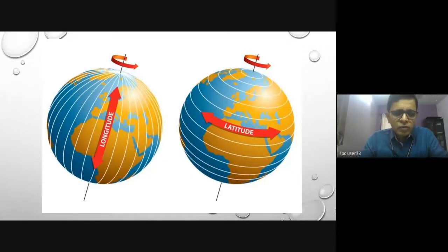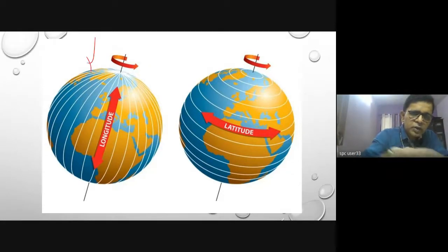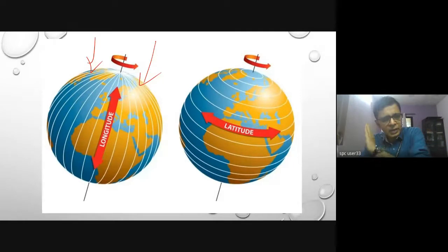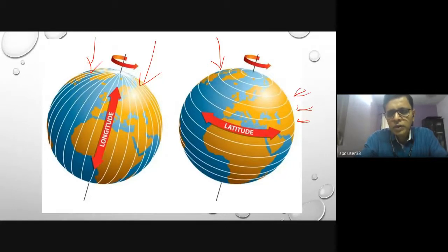If I use any of these longitudes to cut the sphere of the earth, that cut will pass through the center of the earth. On the other hand, if I use the same principle for latitudes, if I cut through this latitude, or this one, they will not pass through the center. The only latitude that will pass through the center is 0 degrees.